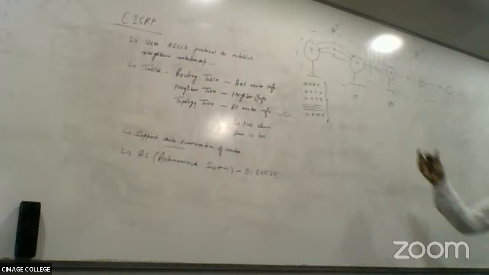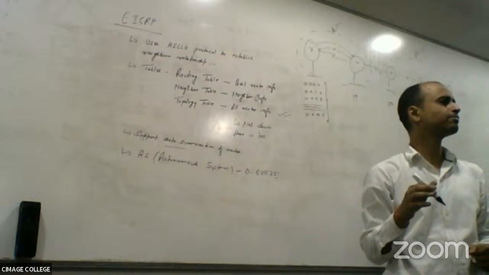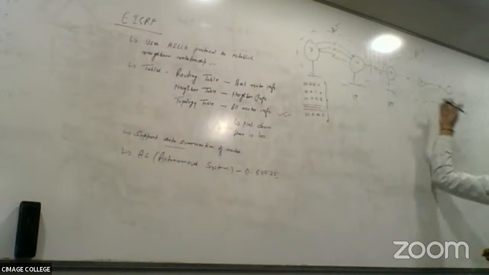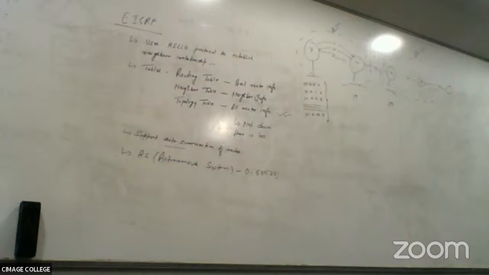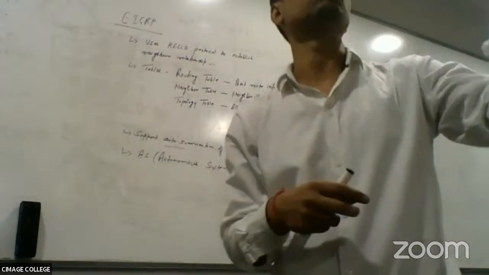Now these two routers will communicate to each other for every type of information. Now these 3 routers will communicate to each other because we have just divided this 5-router network into 2 groups. In one group, there are 2 routers. In another group, there are 3 routers.